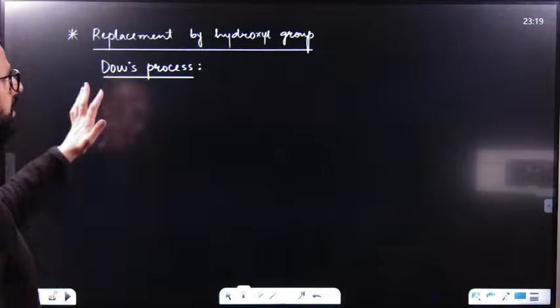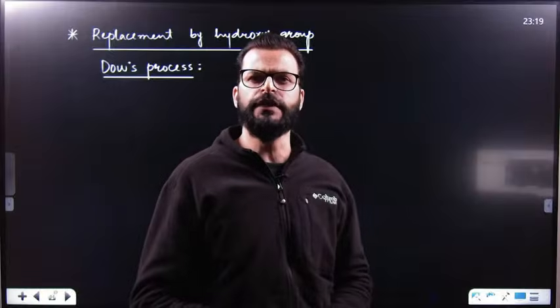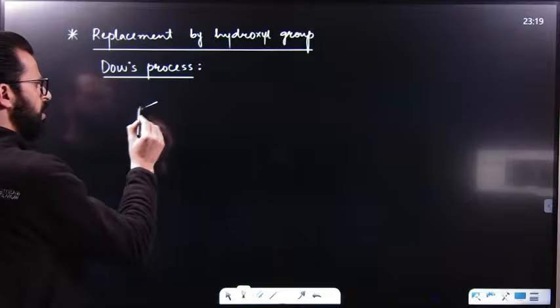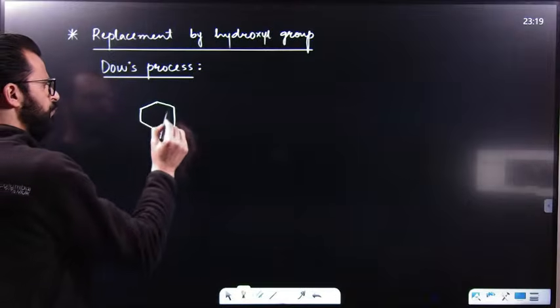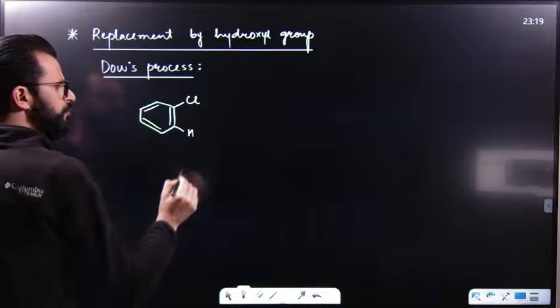After that, replacement by a hydroxyl group. That means if we want to do nucleophilic substitution of a haloarene, for example Dow's process, say of chlorobenzene, what do we have to do?